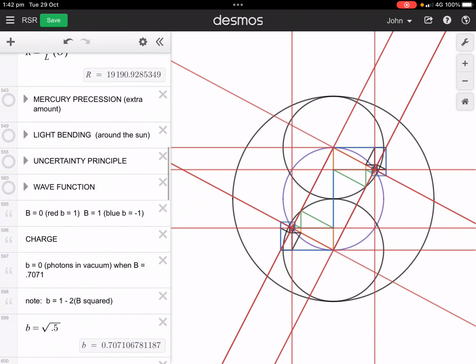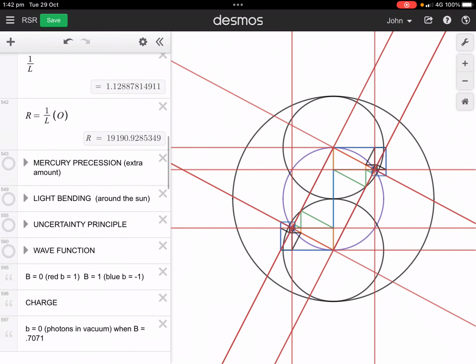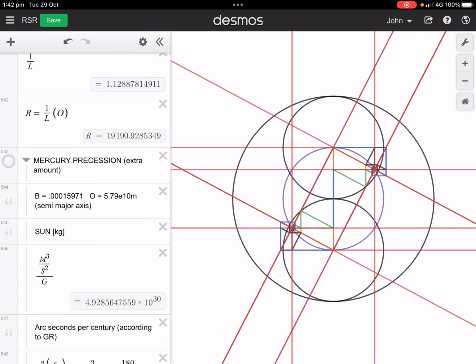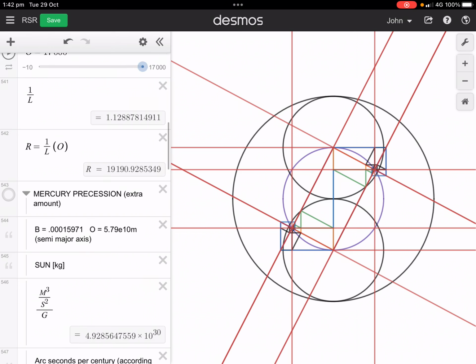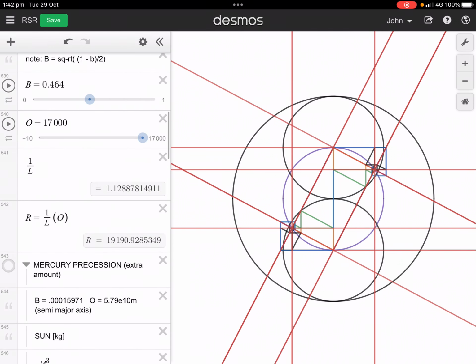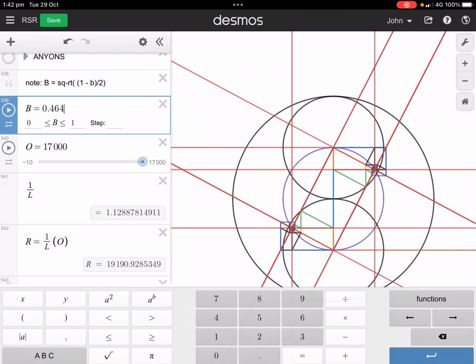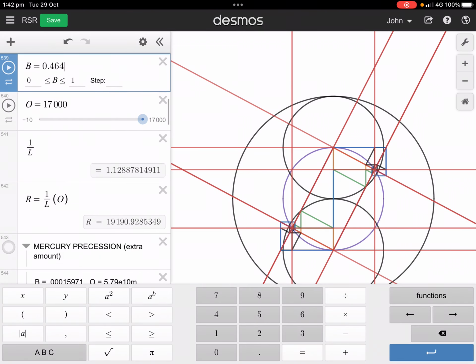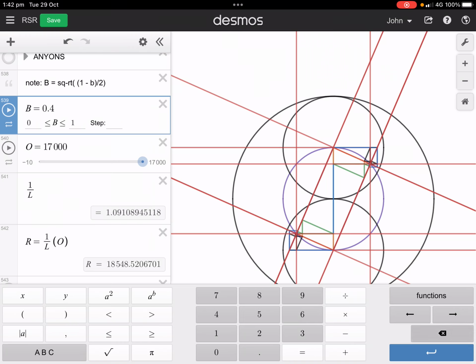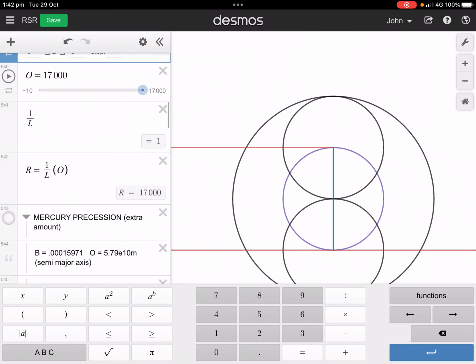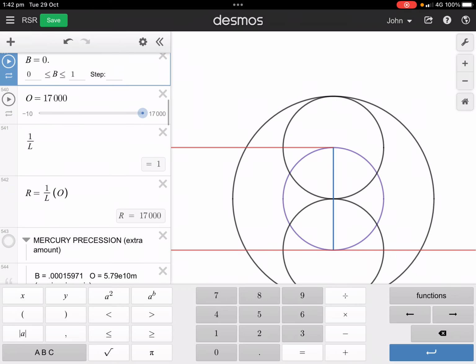And now general relativity, I have to prove that it can do those calculations. So let's say you've got Mercury's precession. So let's put in the value for Mercury's precession, which is 0.00015971.